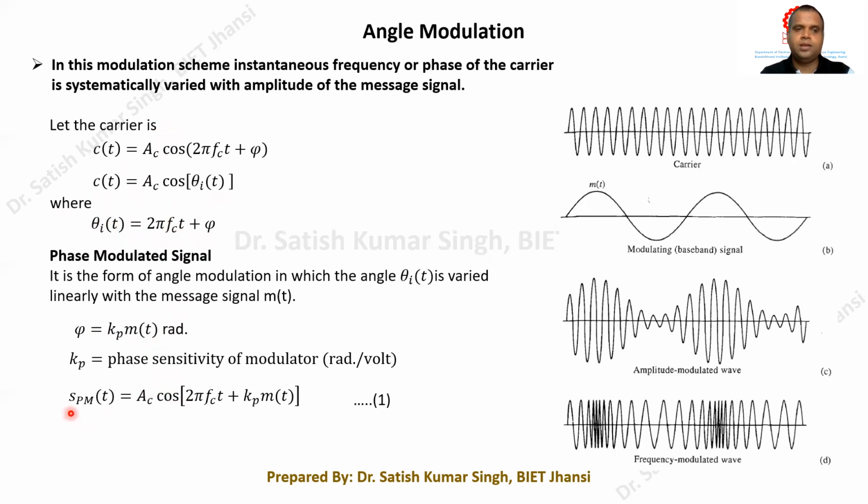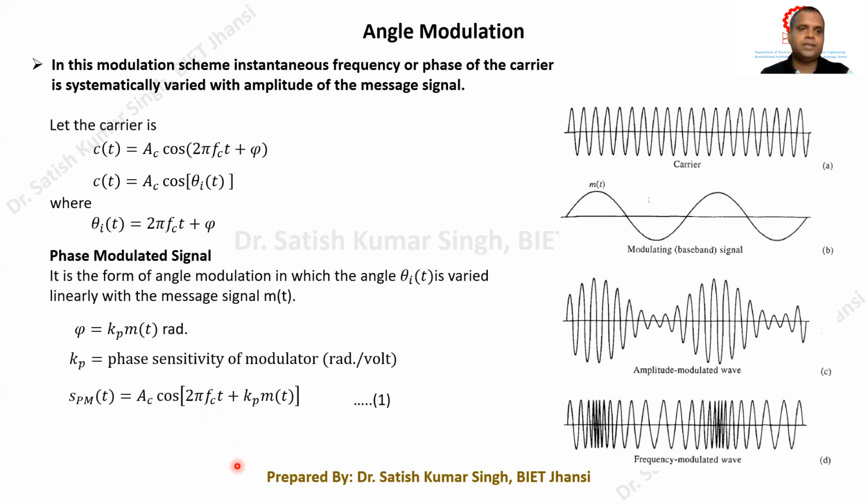Here we can write the time domain expression for the phase modulated wave s_PM(t) as Ac cos(2 pi fct plus kp m(t)). This is the equation for our phase modulated signal. Similarly, we can now define the frequency modulated signal.